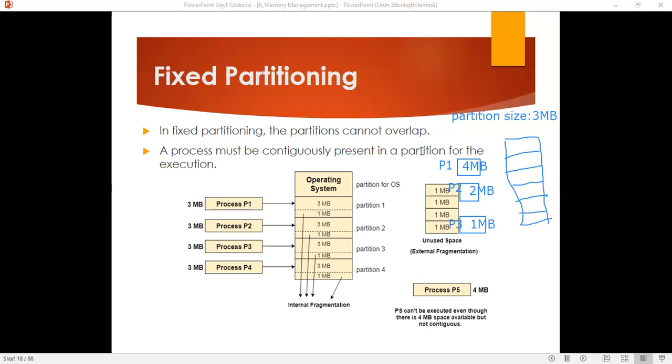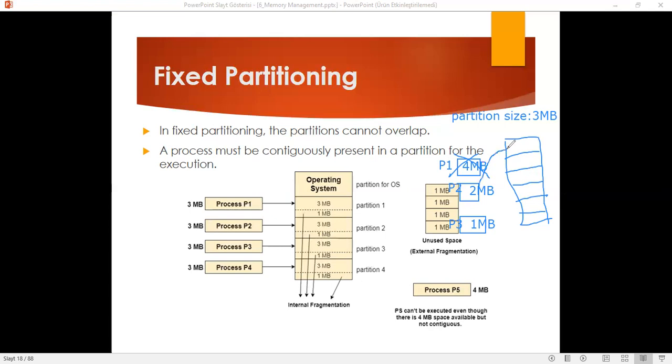Because the partition sizes are 3 megabytes, P1 cannot fit into any of these partitions.